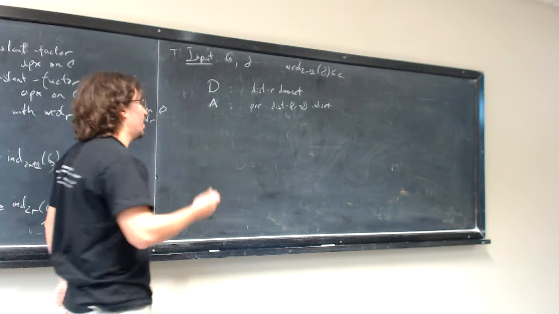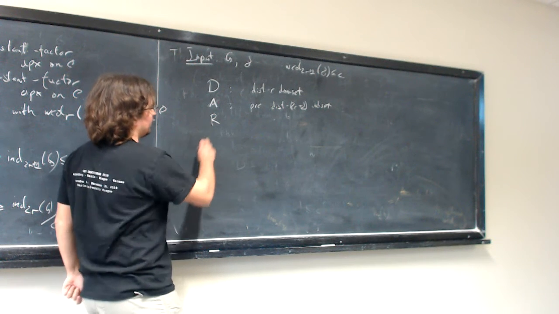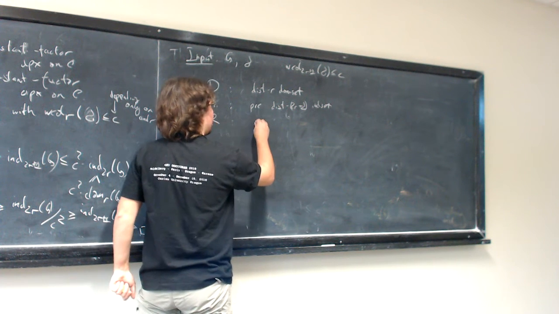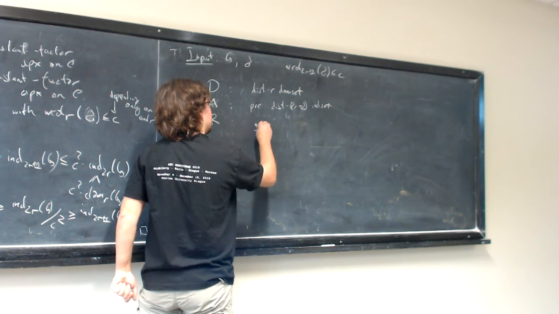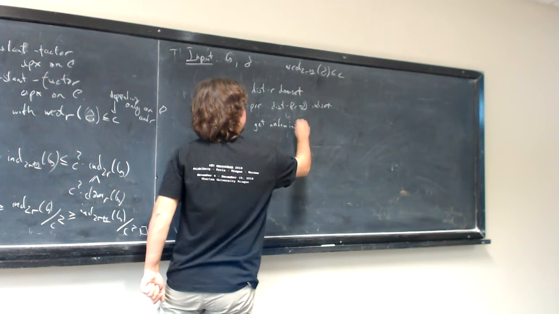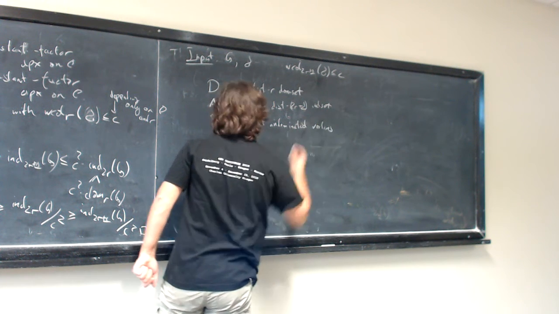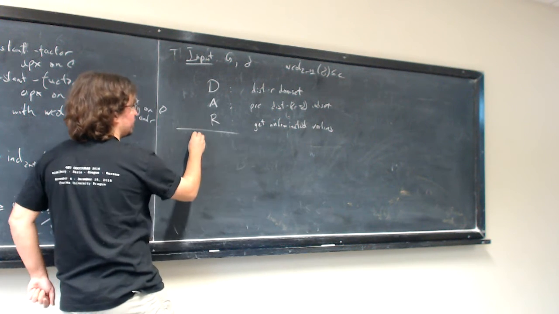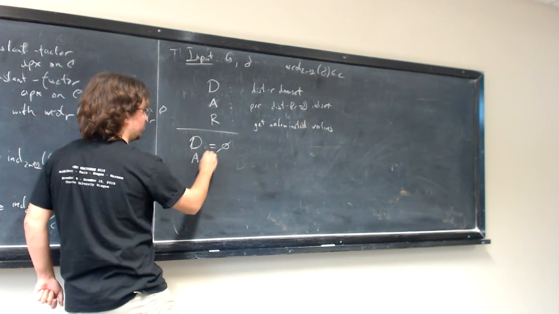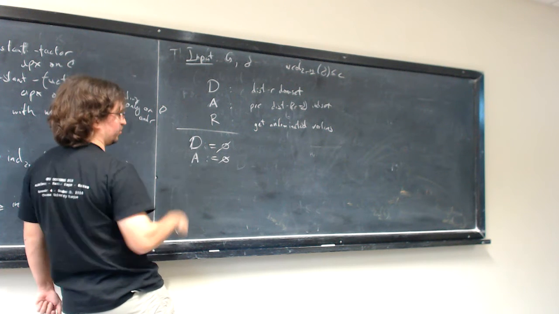And finally, there is a set R for the rest. These are yet undominated vertices. So the algorithm starts by setting D to be the empty set, A to be the empty set. So far we did not put anything into the dominating set nor into the independent sets.